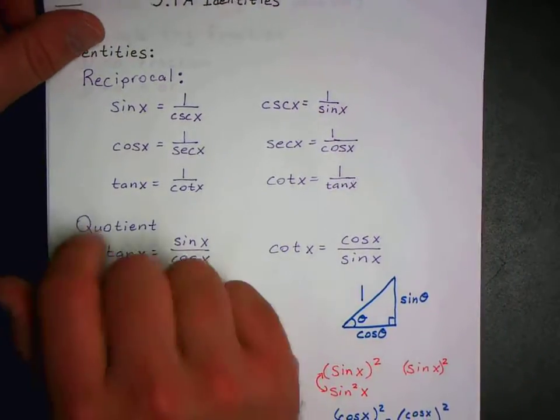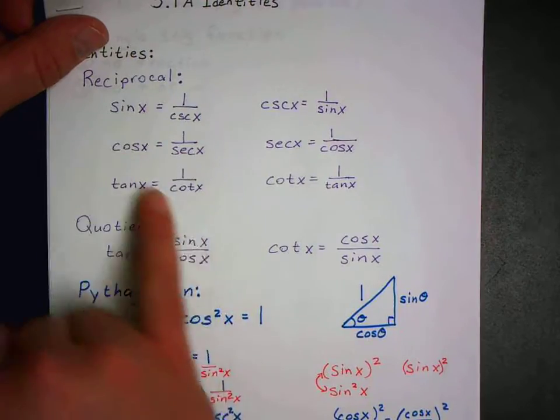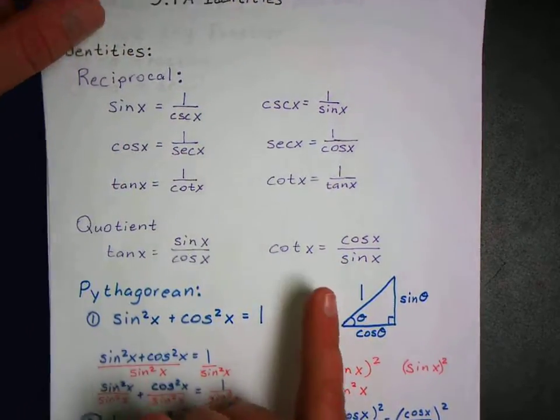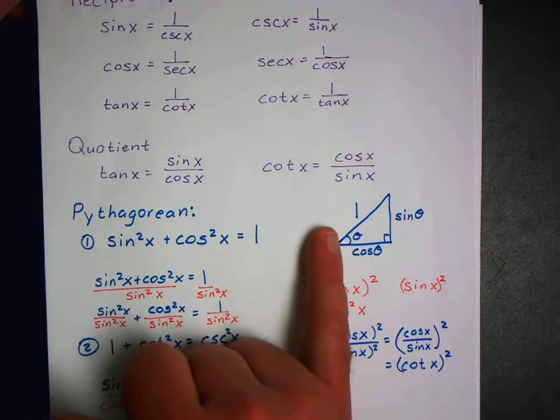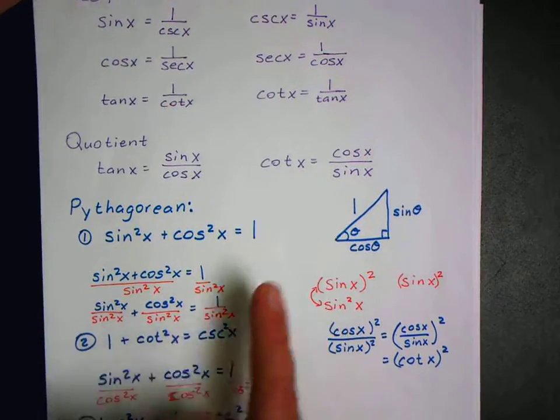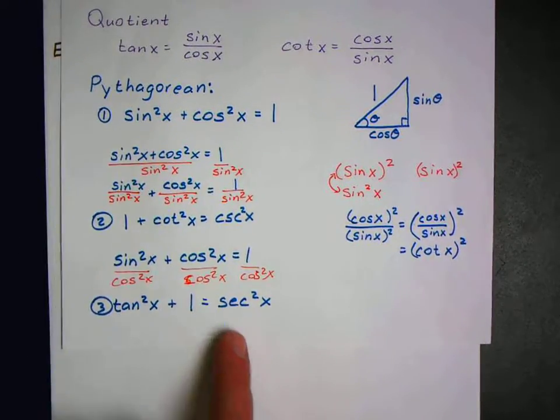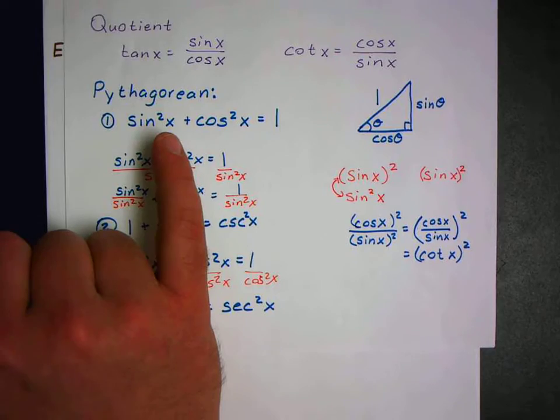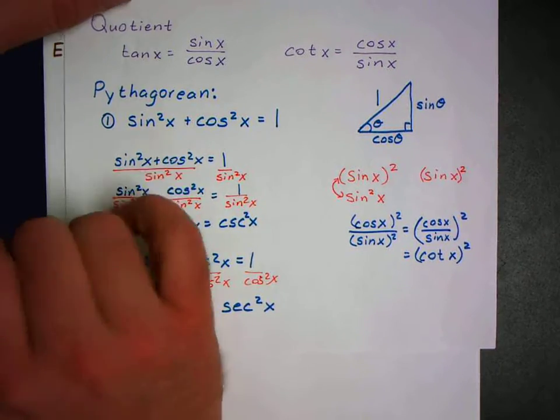Okay, just as a quick review, remember what we're using: the reciprocal identities, the quotient identities, and then the new ones that are going to be the biggest thing, the Pythagoreans.